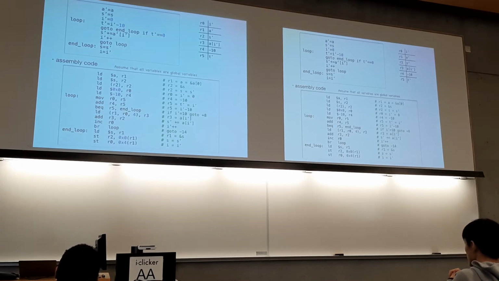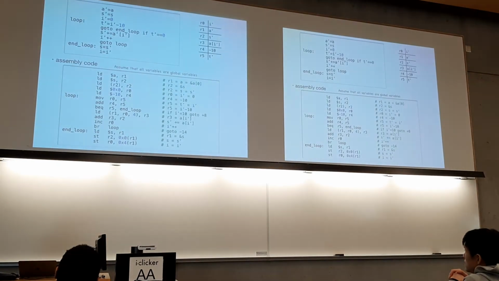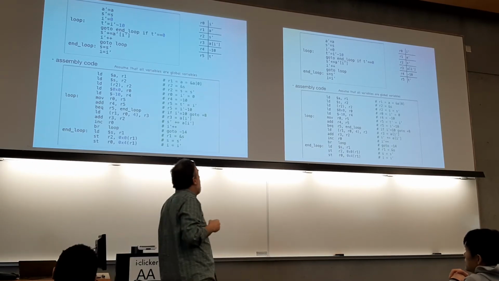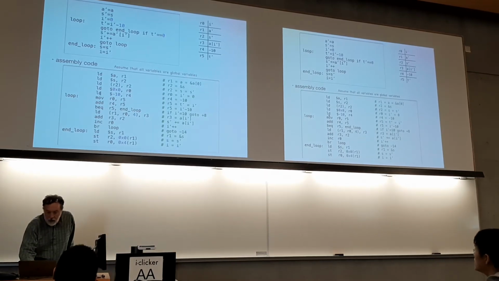Obviously, the assembly code is a lot harder to read for lots of reasons. But in terms of the primes and register names, in the assembly code, for example, I have this S R2. From the table, you see R2 is S prime. And so that is that.